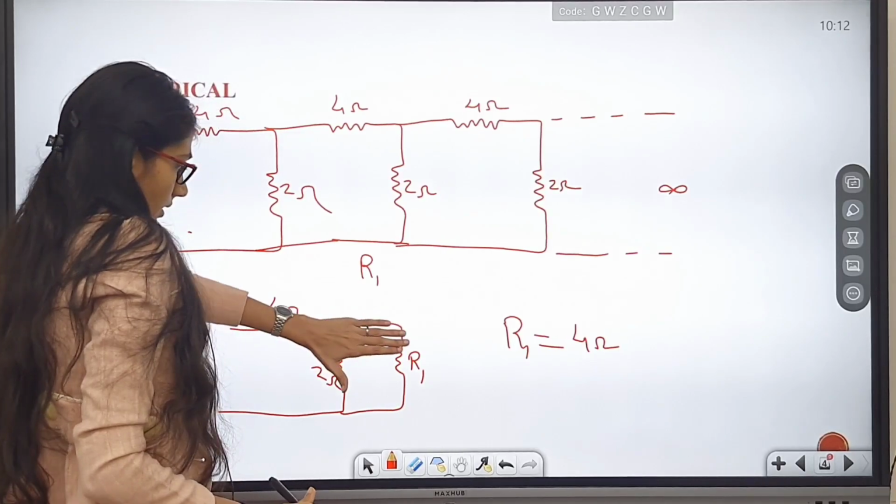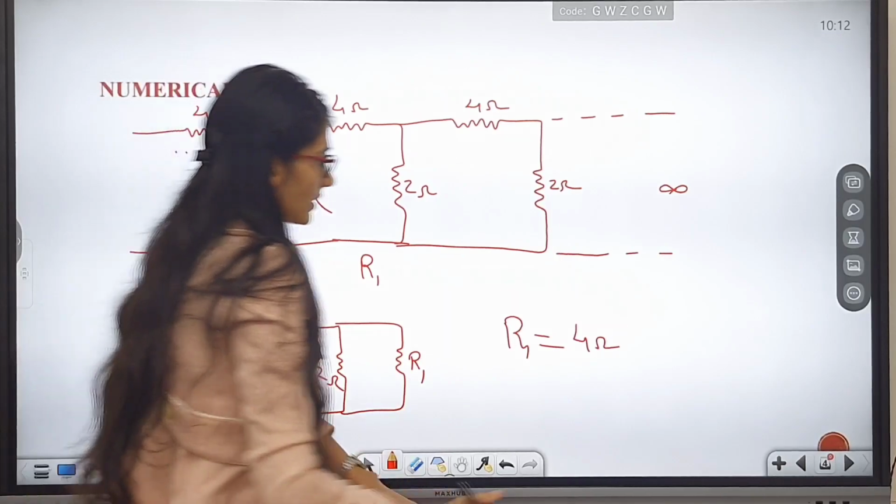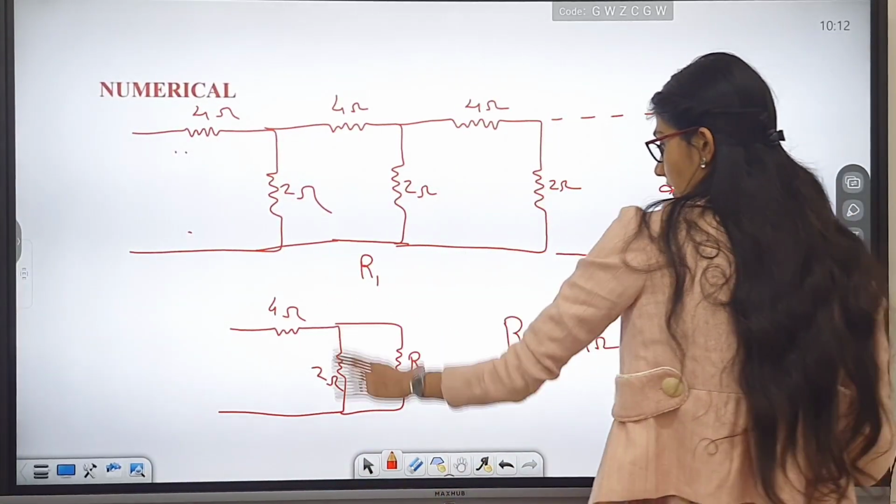Now you need to find the net resistance of these two firstly. So let's find this one first. They are in parallel.